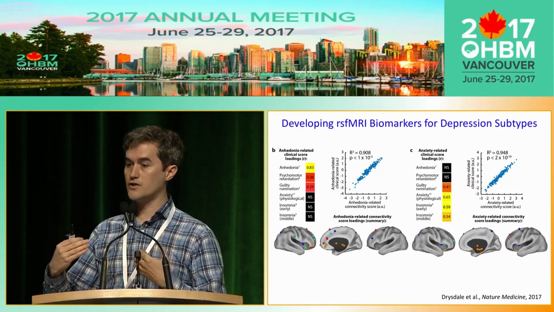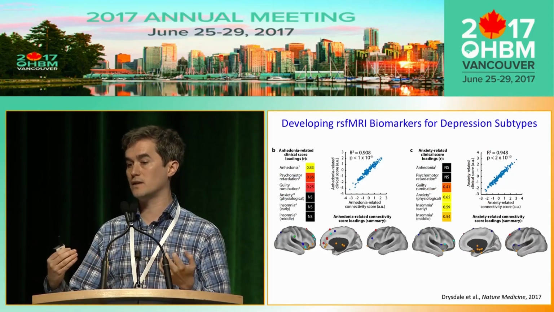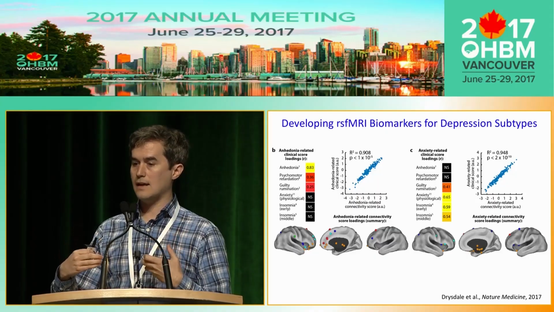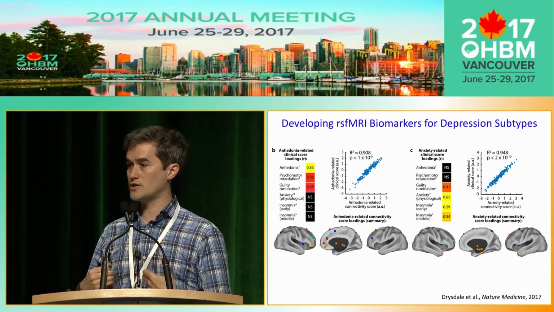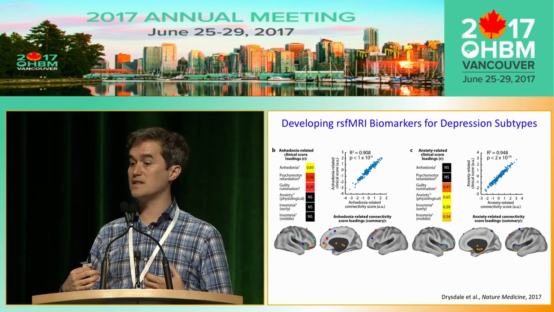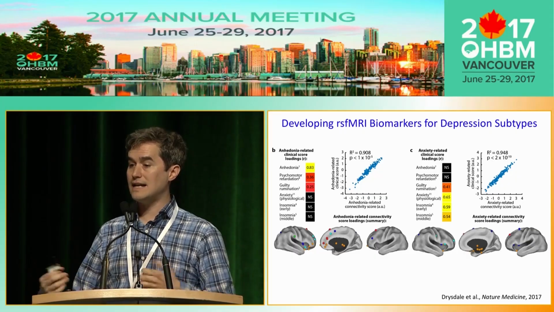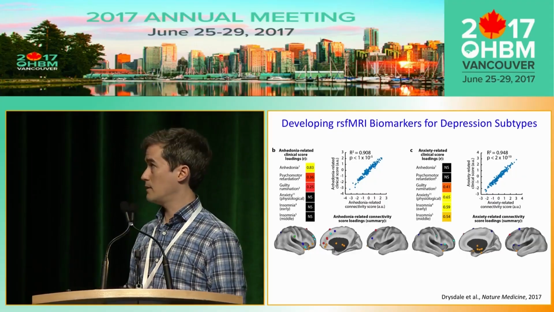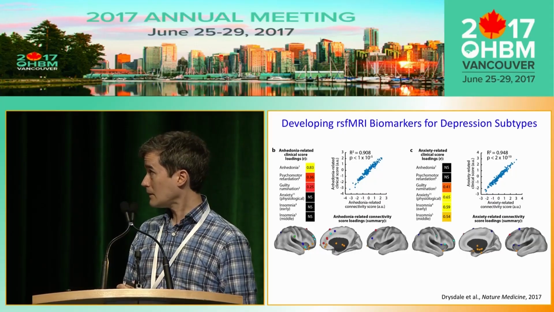So we searched for features that were predictive of clinical symptoms, and then we developed a low-dimensional representation of those connectivity features that were predictive of particular clinical symptom combinations in a data-driven way. That's what CCA is doing, kind of analogous to PCA for folks who aren't familiar with it.